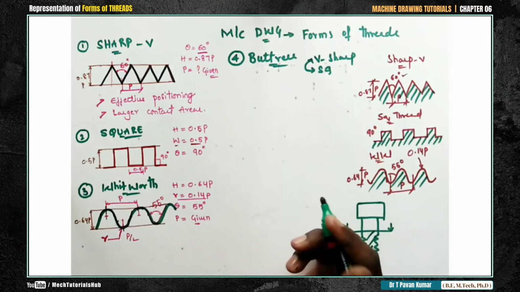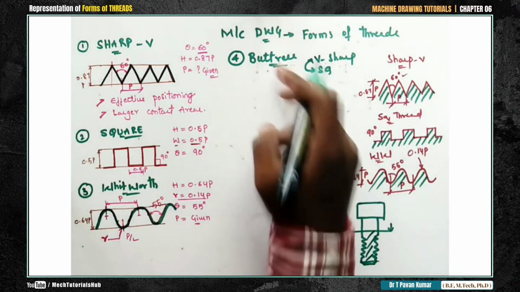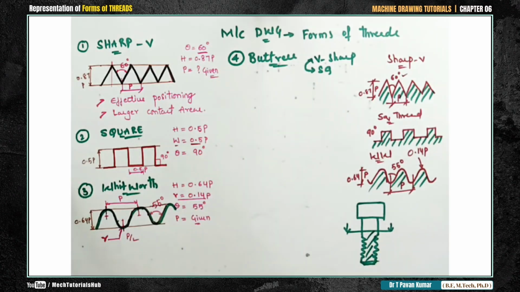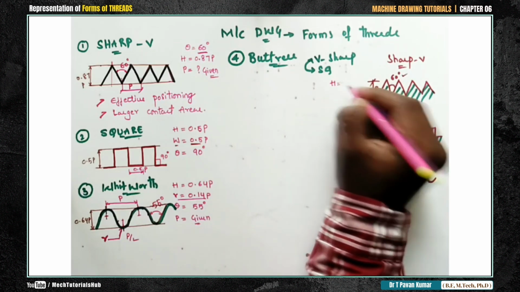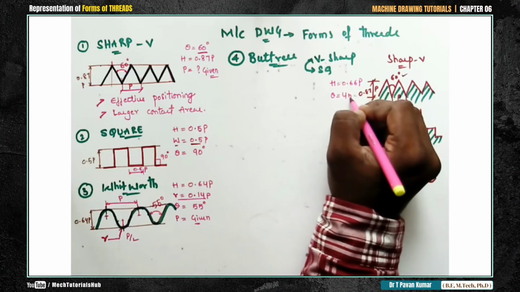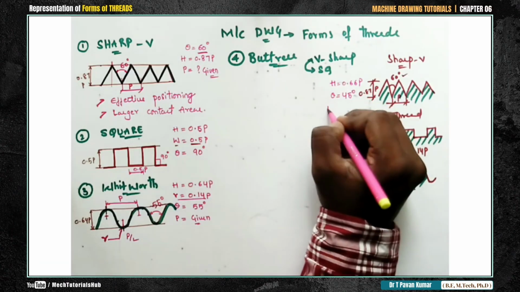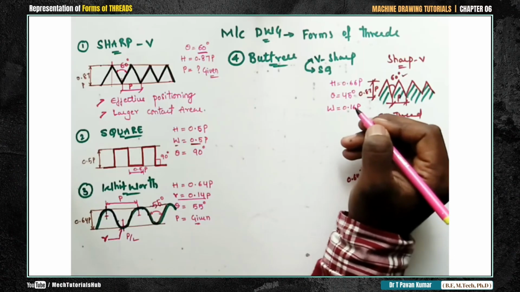Now consider the thickness W, 0.16p, and align your drafter to 45 degrees from top to bottom. A vertical followed by a thickness 0.16p, then the pitch value given in the question, drop one more vertical from here. This is the pitch distance.